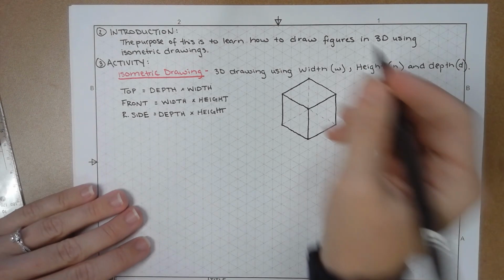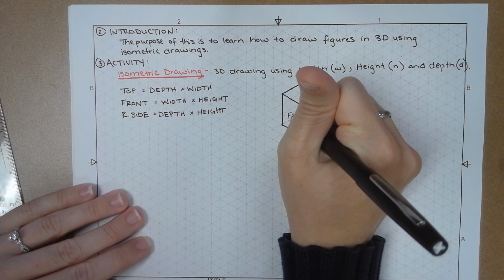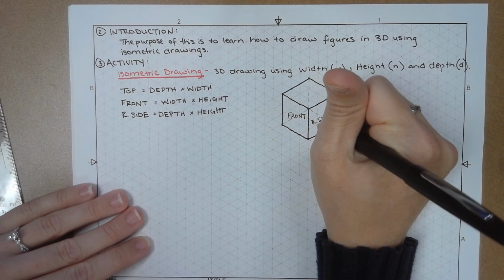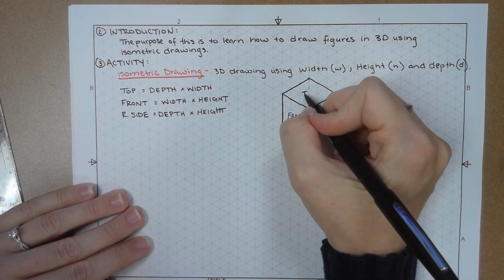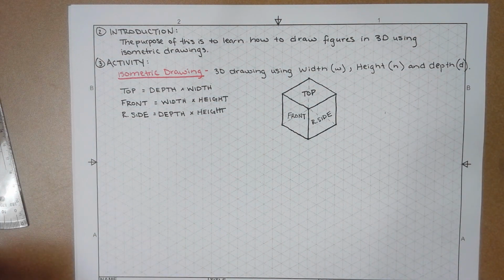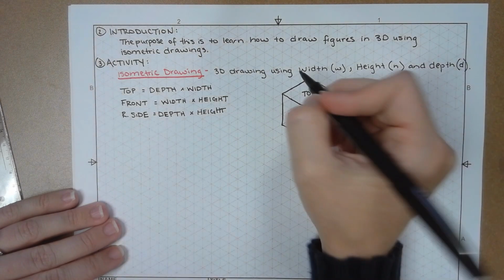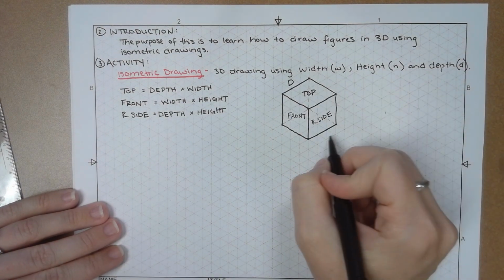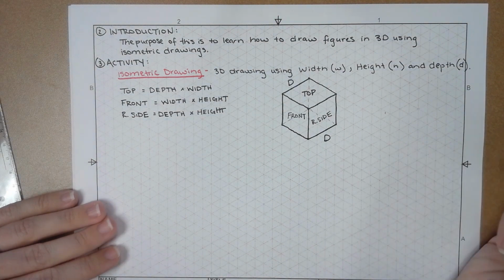Okay, now this view right here is your front view. This view here is your right side view, and this view here is your top view. The top view and the right side view share a depth, so this side here is going to be the depth, and this side here is also going to be the depth.